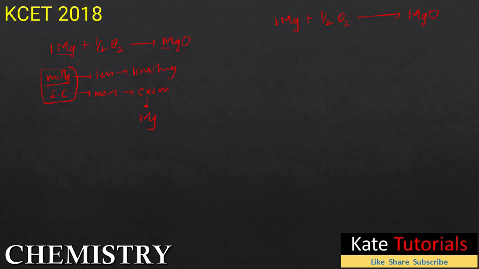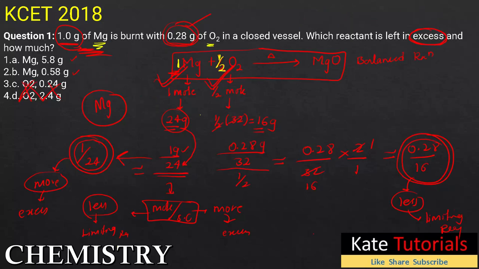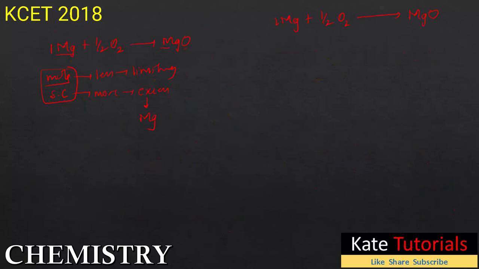So how much excess magnesium is left? If I take 24 gram of magnesium, it will need 32 into half, that is 16 gram of oxygen, to form magnesium oxide. So 24 gram of magnesium reacts with 16 gram of oxygen to form magnesium oxide.